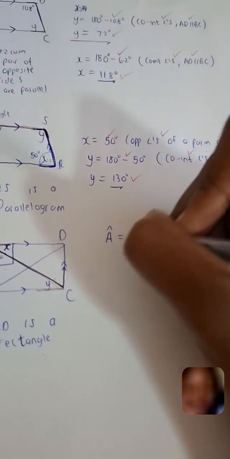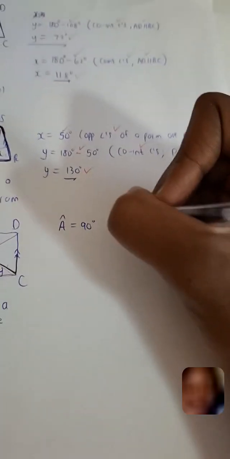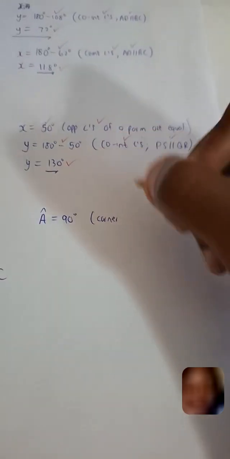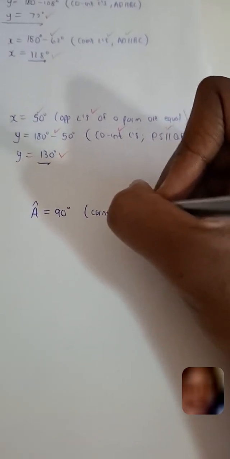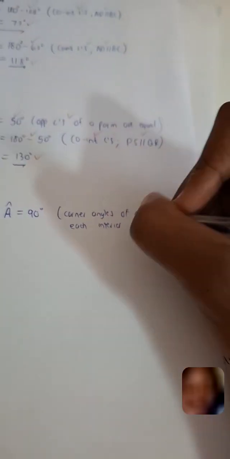Yes, sir. So we can say angle A is equal to 90 degrees. What's the reason? Corner angles, or each angle in a rectangle. I think I had said to you each interior angle of a rectangle is 90.